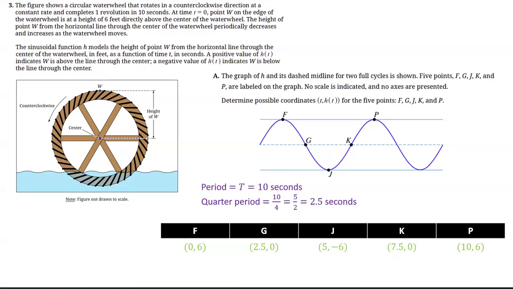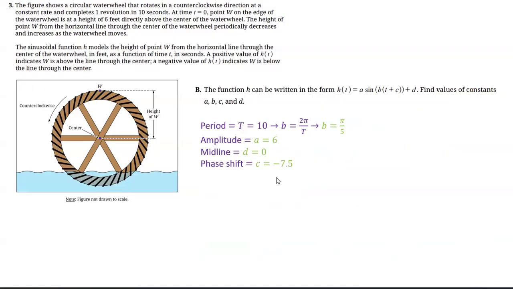And we want to shift it to the right. So just like a horizontal transformation, the c should be negative because it's t plus something. We want it as t minus something to shift it to the right. So c equals minus 7.5. There's many possible answers for part A and B. Here's the sample one, okay?